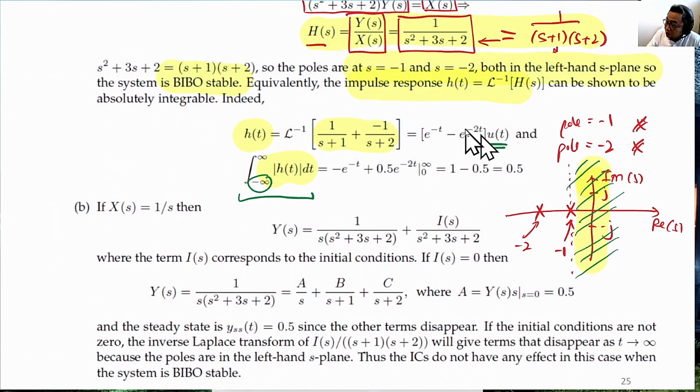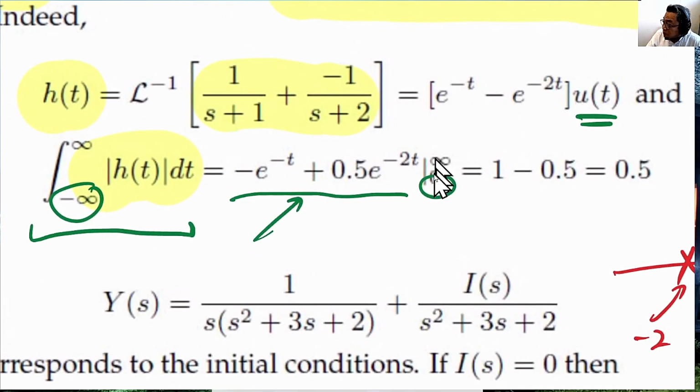So the integration becomes from 0 to infinity. You perform the integration of e to the minus t and minus e to the minus 2t, you get this, and you substitute for different values of t. T from 0 to infinity, the answer is 0.5.